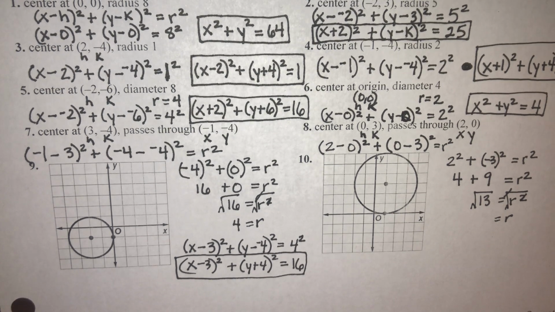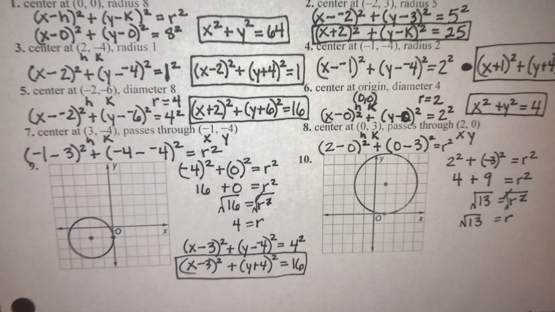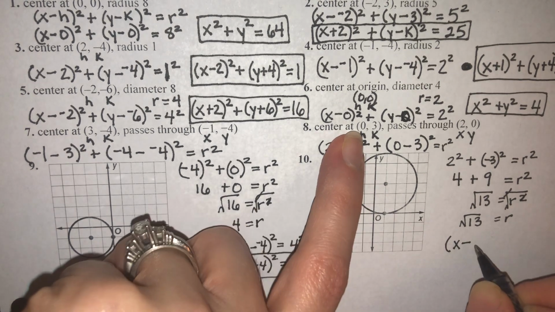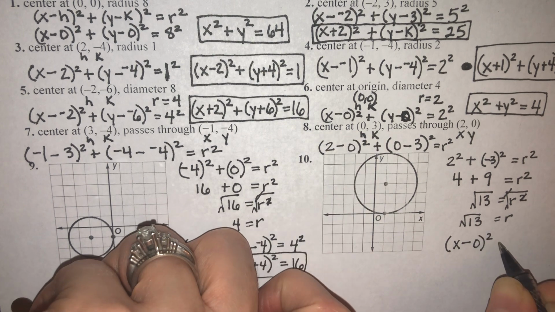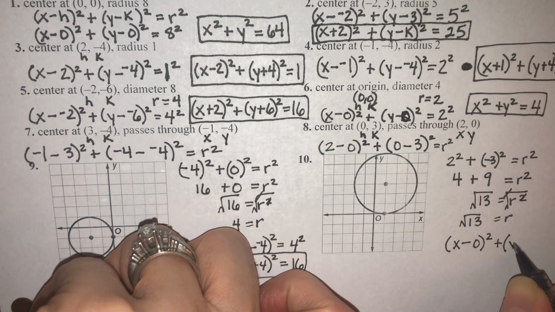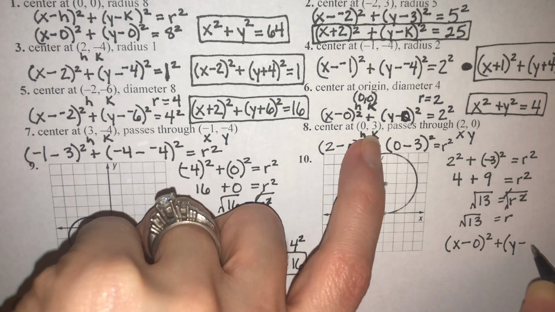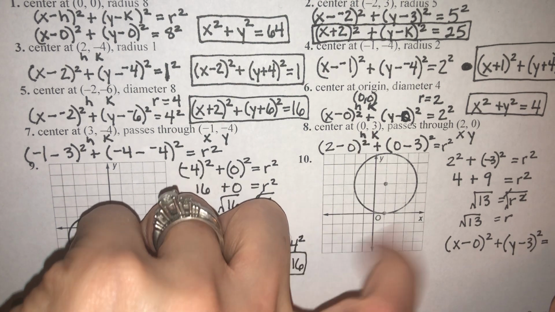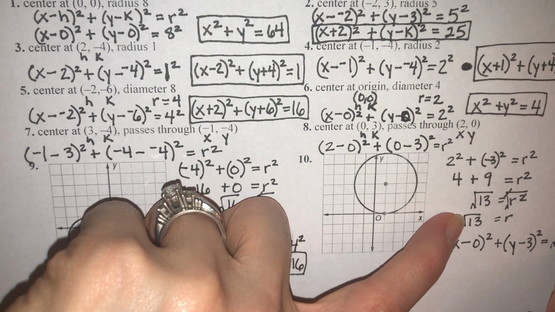Now you might think, oh, I want to grab my calculator and put that in as a decimal. But that's not really necessary here. Let me show you why. I'm just going to say r equals the square root of 13. When we write our formula now, we have parentheses x minus h, which is 0, squared, plus parentheses y minus 3 in parentheses squared equals r, which is the square root of 13.